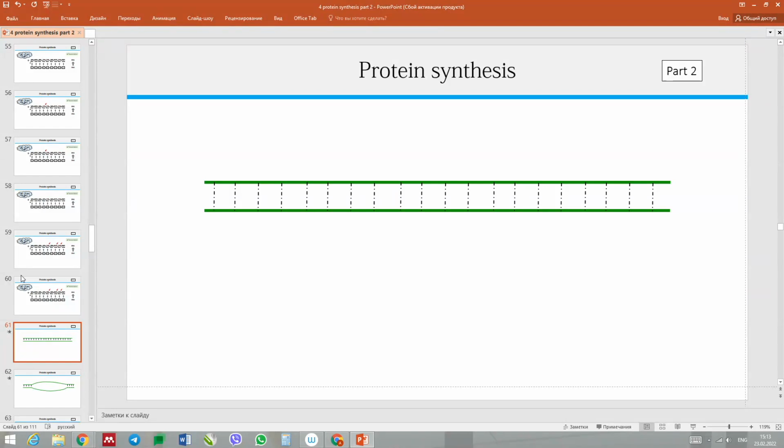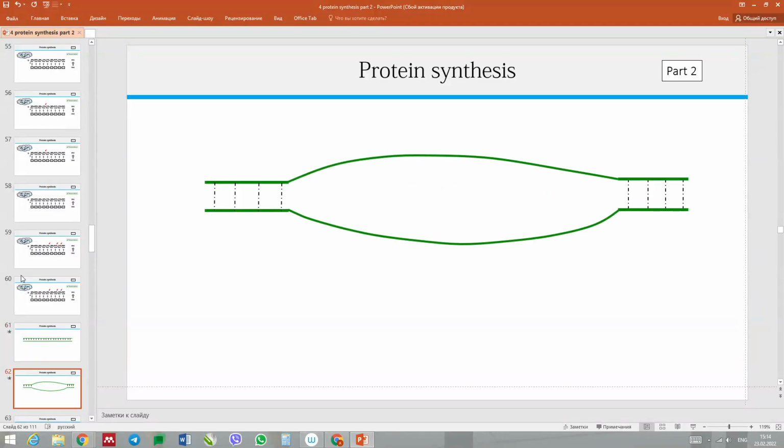Here you see a simplified illustration of double-stranded DNA, and in order to synthesize RNA on the basis of DNA, this helix has to be split. So these two chains have to be locally split, something like this.